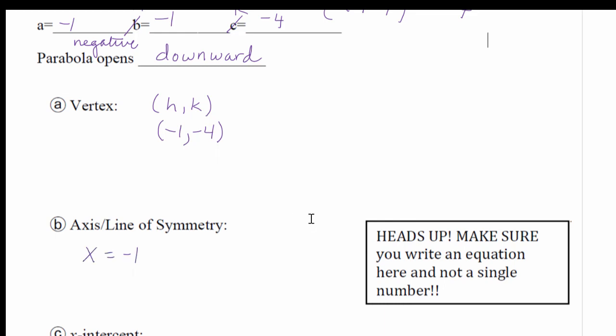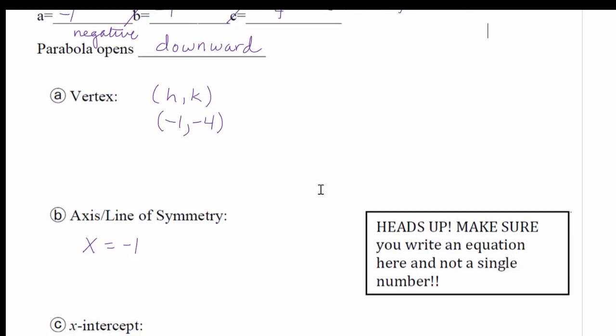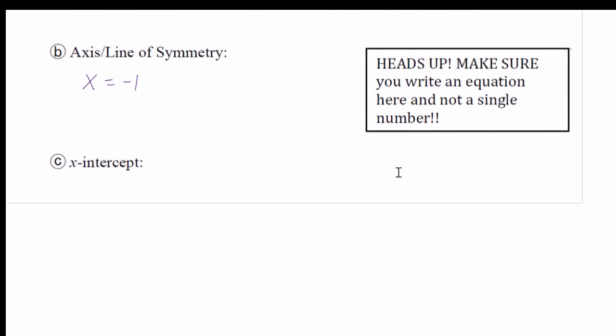And now we're going to find the x-intercepts. Now this is going to look a little interesting, right? So our equation looks like this: negative 1 times x plus 1 squared minus 4. And we're setting that to 0. So now we have this equation that we have to solve for the x-intercepts. And you notice that we have a quantity squared here.